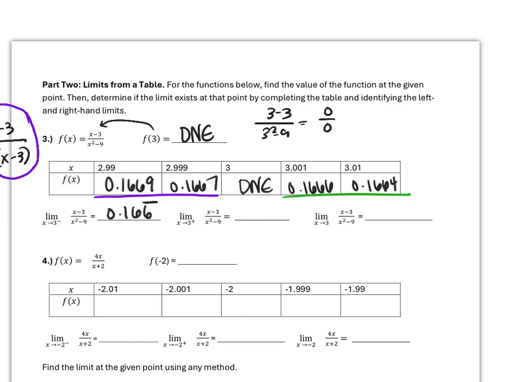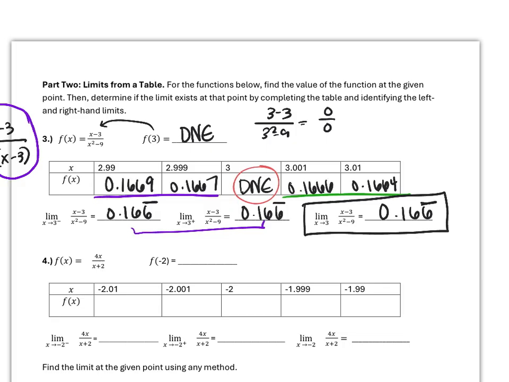So again, on the right side, we are also approaching this value. Because these were the same, even though our function didn't exist at this point, the limit exists because from both sides, it is heading toward that 1/6 or 0.166 repeating.